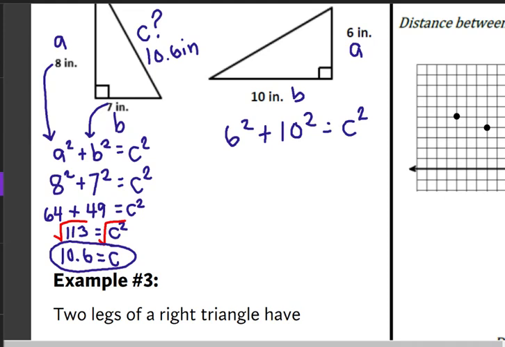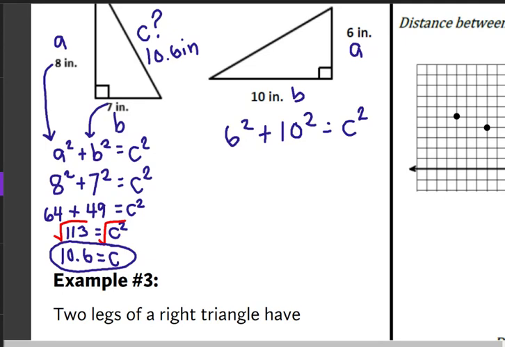Now your calculator can take this whole expression: 6 squared plus 10 squared. So go ahead and do that now. Type in a 6, then hit the squared button, then hit the plus, then the 10, then the squared button, and then hit enter.